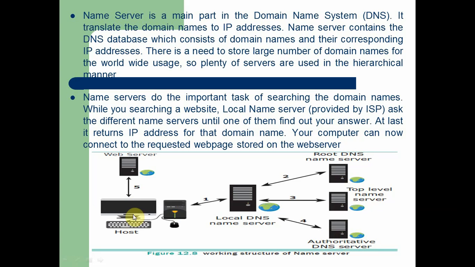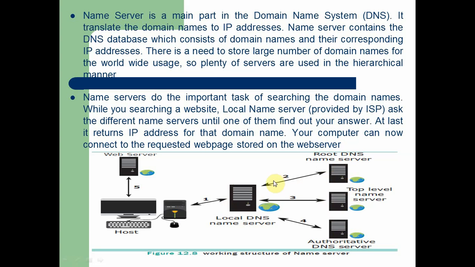Whenever a host computer asks a query, for example, if a host computer has to open google.com or amazon.in or flipkart.in, then the request is first sent to the local DNS. From that local DNS, the names are searched in separate computers: the root server, the top level name server, and the authority name server.